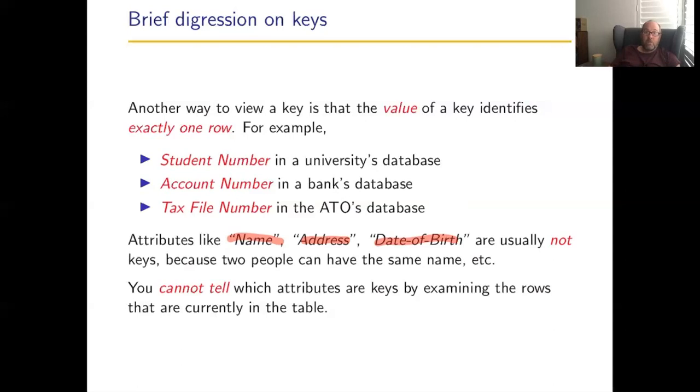That's a business rule. If you just happen to have a whole bunch of students with separate names or whatever, then it's accidentally the case that name or date of birth identifies a student, but it's not actually a permanent design decision.